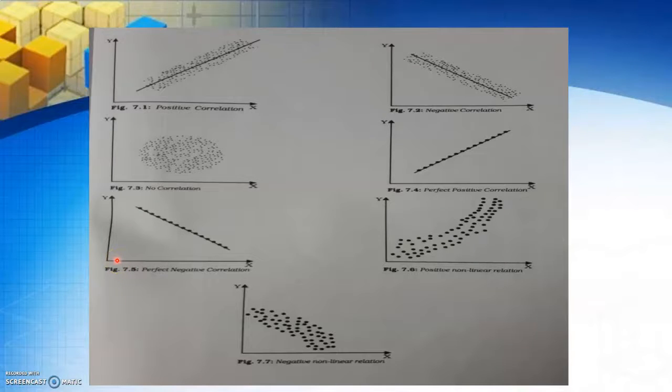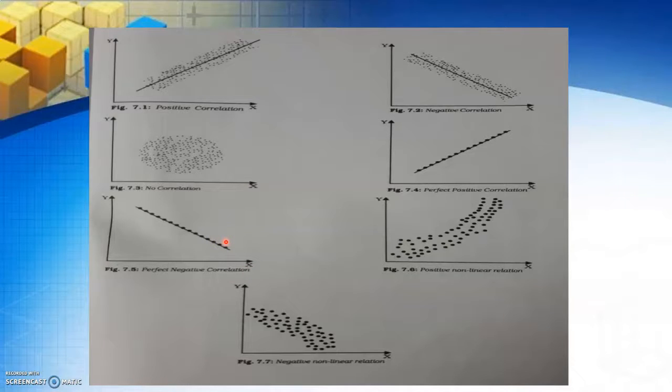Children, look at this slide. Scatter diagrams spanning figure 7.1 to figure 7.5 give us an idea of the relationship between two variables.